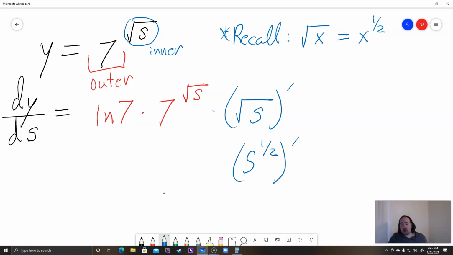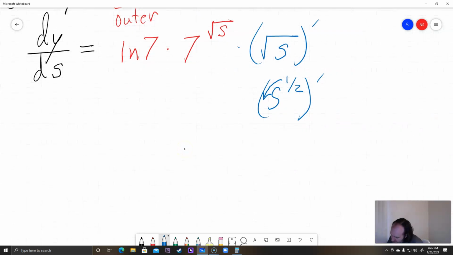And then we can just use the power rule. The power rule for derivatives says that you bring the exponent out front and you decrease the exponent by 1. So I bring this 1/2 out front and decrease the exponent by 1, and we get 1/2 s to the negative 1/2. Remember that if you have a negative exponent, you can move it across the division bar, and that makes the exponent positive.